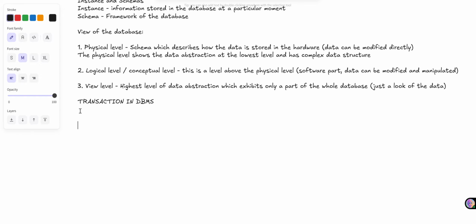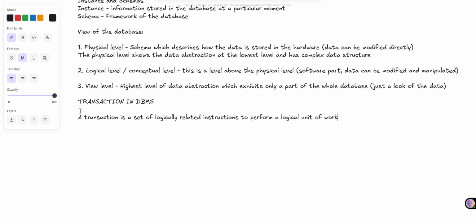Now, more formally, what is a transaction in DBMS? The definition of a transaction is: a set of logically related instructions to perform a logical unit of work.